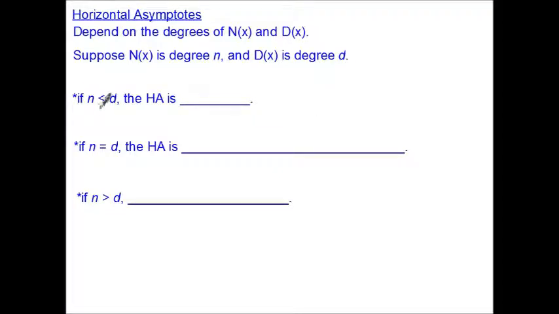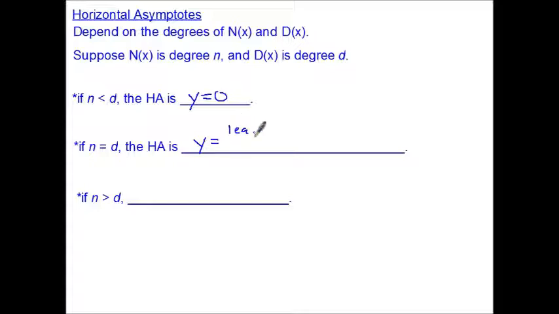If the numerator's degree is smaller than the denominator's, the horizontal asymptote is simply the equation y equals 0. And if the numerator and denominator degrees are equal, the horizontal asymptote is going to be the equation y equals, now brace yourself, notice the big blank.